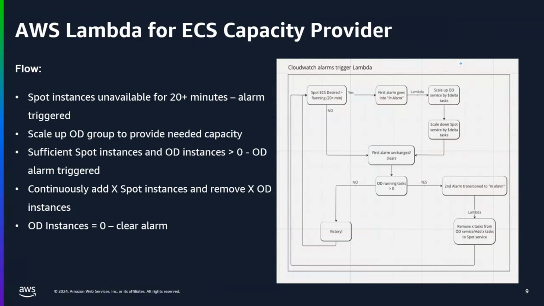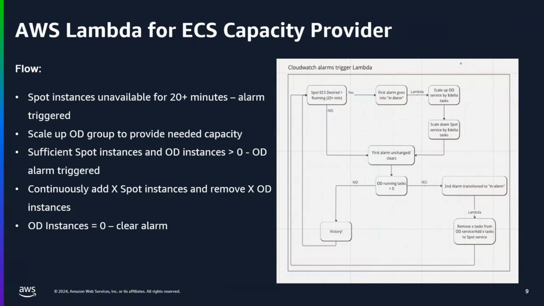So that's what I think the third point said. As long as the Spot instances are insufficient and the on-demand instances are more than 0, the alarm will keep getting triggered. End of the day, the alarm will only stop when the Spot capacity provider's desired capacity and running capacity are the same. If that means it takes 12 hours, well, the Spot capacity was not available for 12 hours.